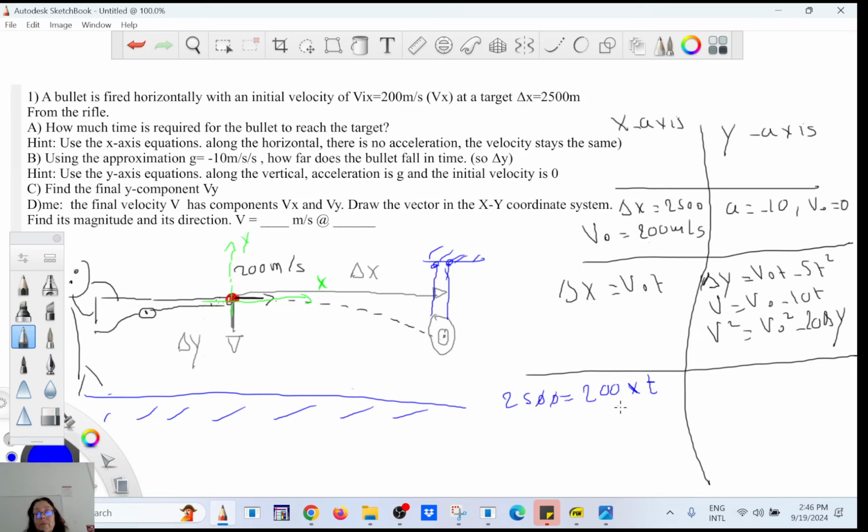So time equals 12.5, exactly. Do you all agree? It's a problem that does not make sense in real life, but it's okay. And now we have t equals 12.5.